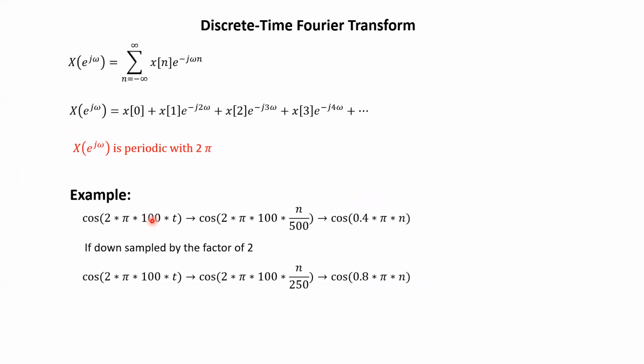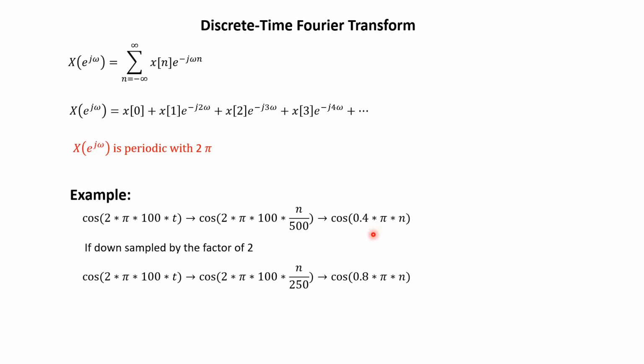If we sample this signal with a sampling frequency of 500 hertz, then t will be replaced by n upon 500, and if you calculate, you will get cos 0.4 pi n. So this is one way of generating this discrete cosine signal from an original 100 hertz signal.